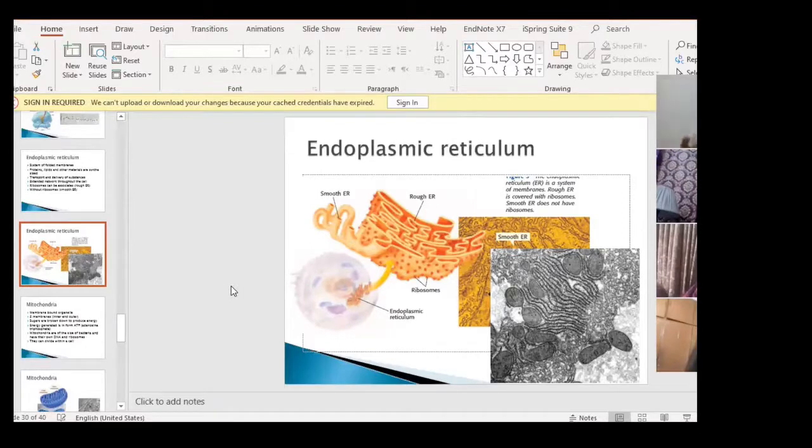Since we know nucleus is a double membranous chamber and the traffic is very controlled, things can go in and out in a controlled fashion. So that is why the DNA is present within the nucleus. Once the DNA produces the RNA, that RNA goes out of the nucleus and into the cytoplasm for the protein synthesis.